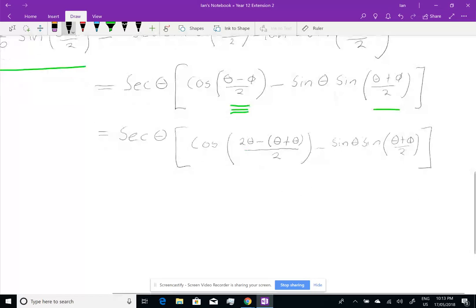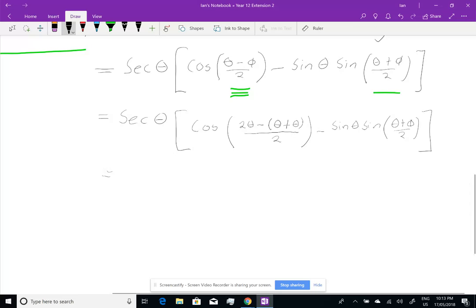Now, as long as you're happy with that, I'm going to rewrite that. Sec theta. Now, cos, I'm going to write it as 2 separate fractions. Theta, because 2 theta on 2, minus theta, oh, and that was a phi. It's a phi, it's not a theta.